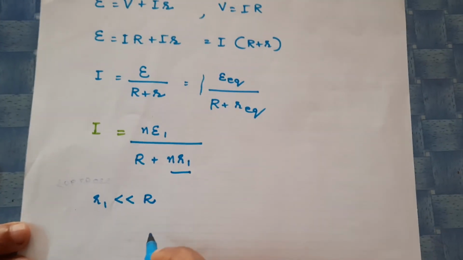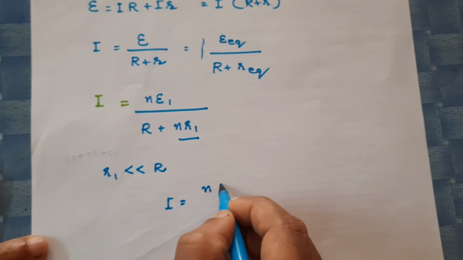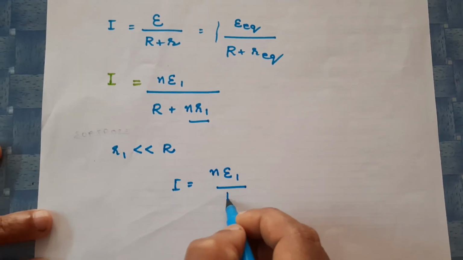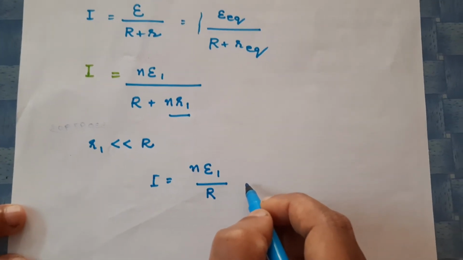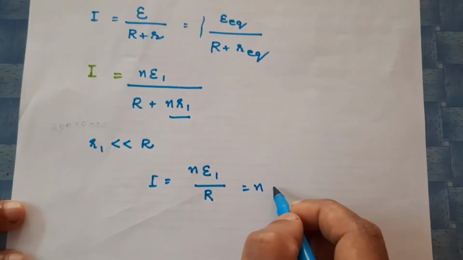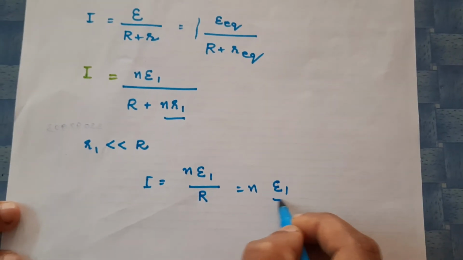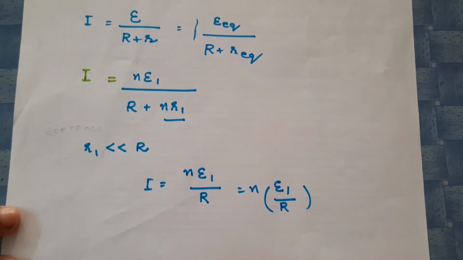Then I is equal to n times E1 by R, or the current is n times the current from each cell. E1 by R is the current from a single cell.